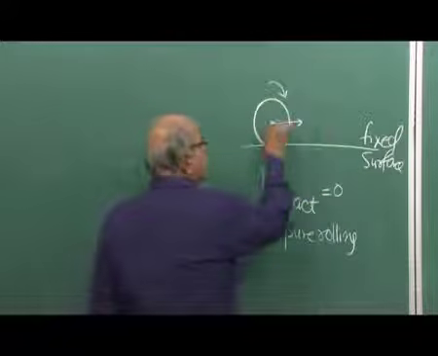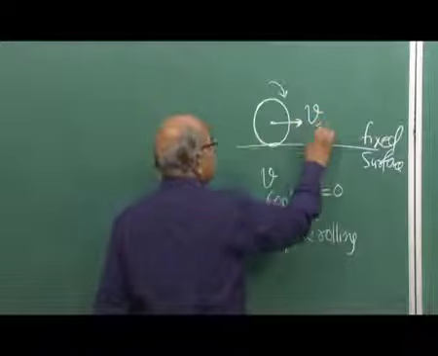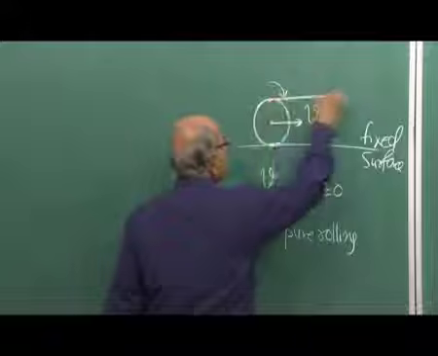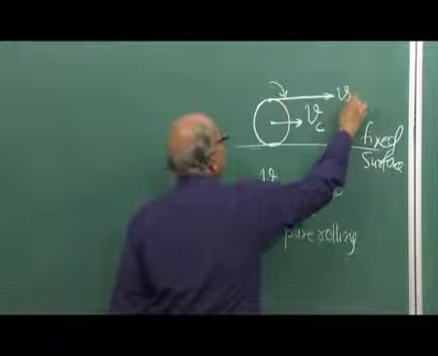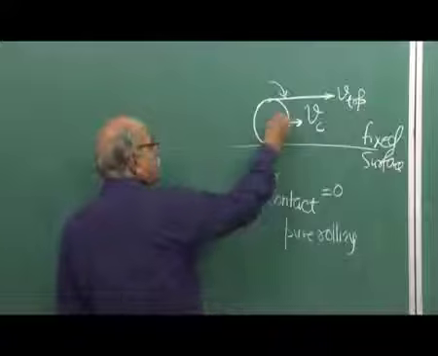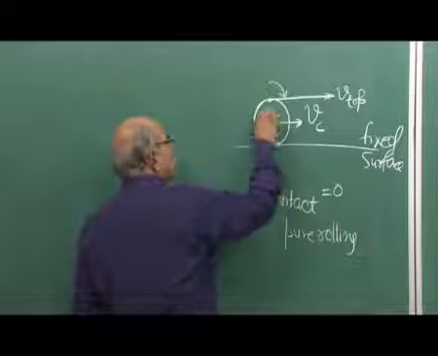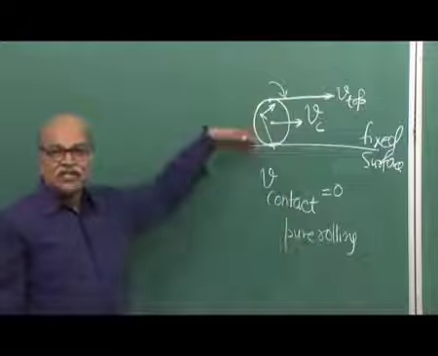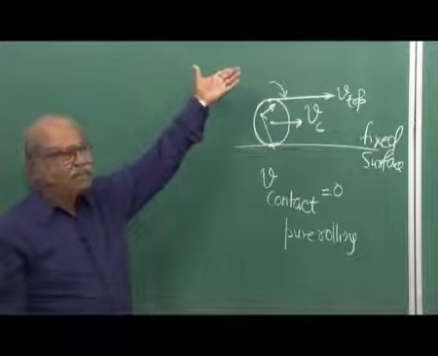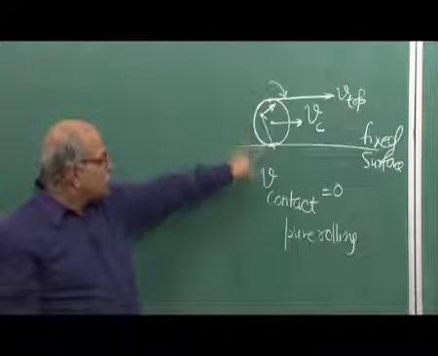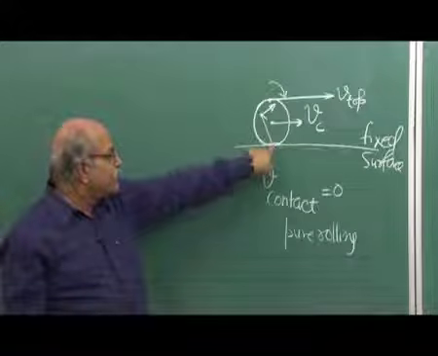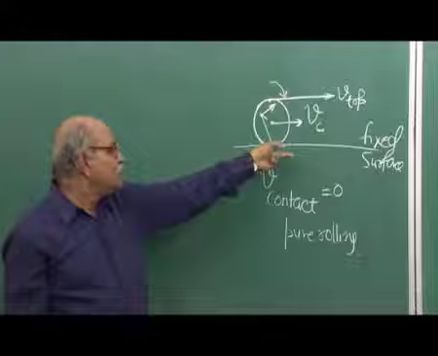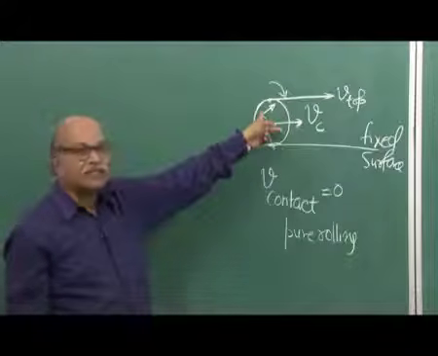Whereas the center is of course moving with some velocity, say Vc, and if you look at the topmost point, it is moving with some more velocity, let us say V top. If you look at some point somewhere here, that will be moving with some other velocity. So different points move with different velocities, and a simple rule is this: take the instantaneous axis of rotation through the point of contact, and then you can use V equal to R omega to find the velocity.